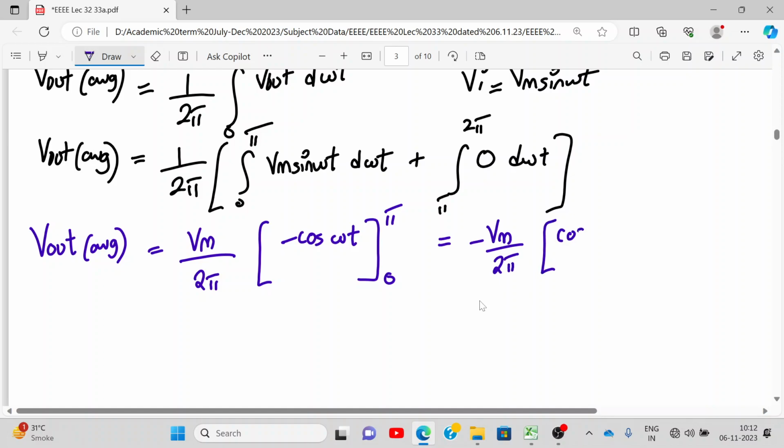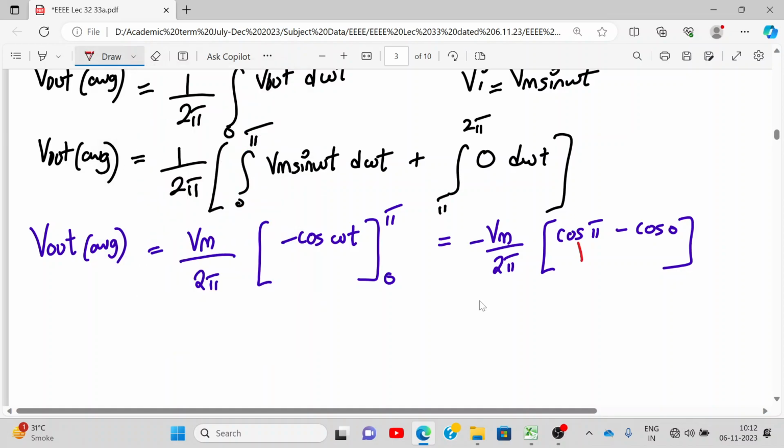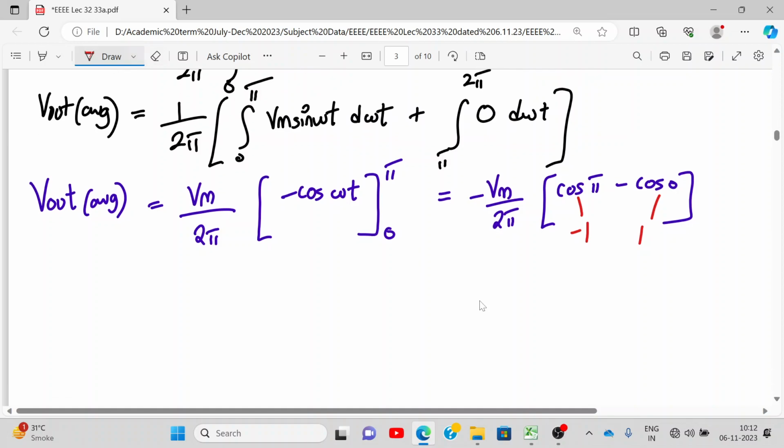What is cos pi? Anyone? Cos pi is minus 1. So this will be minus 1 and this will be 1. So what do you get over there? Minus 2. So minus minus gets cancelled.